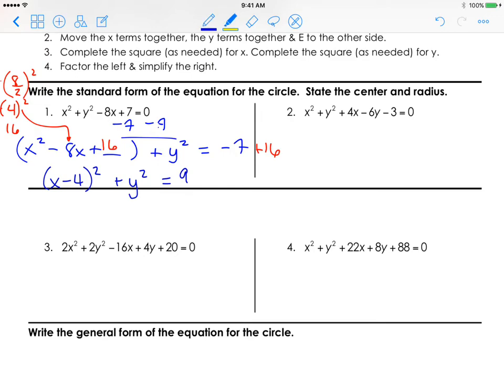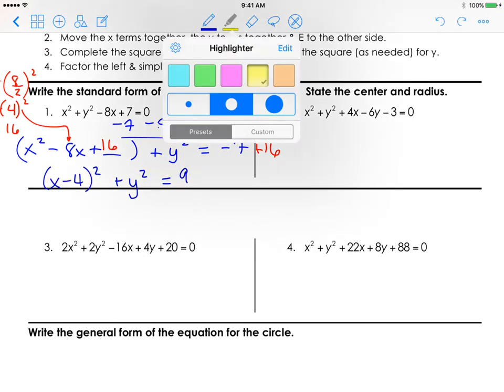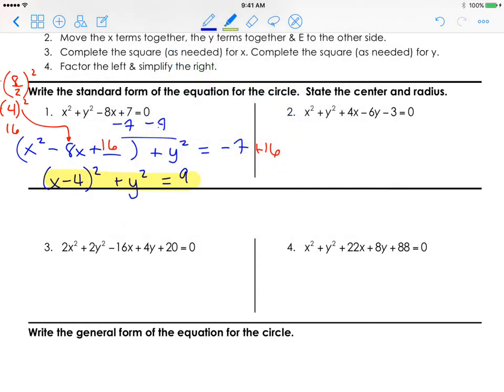So boom, I went from one form to the other by just completing the square. Now, notice we're not solving, we're not doing all that extra i stuff up top. That was just trying to have fun with us. But we can see our center is 4, 0, and our radius is 3.